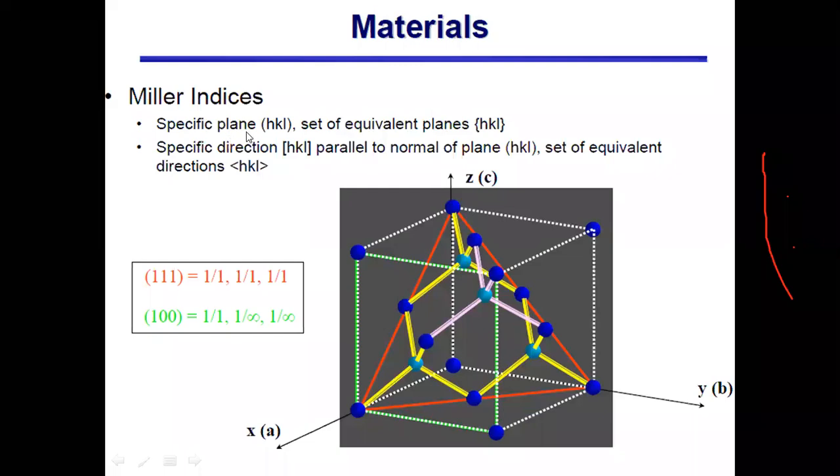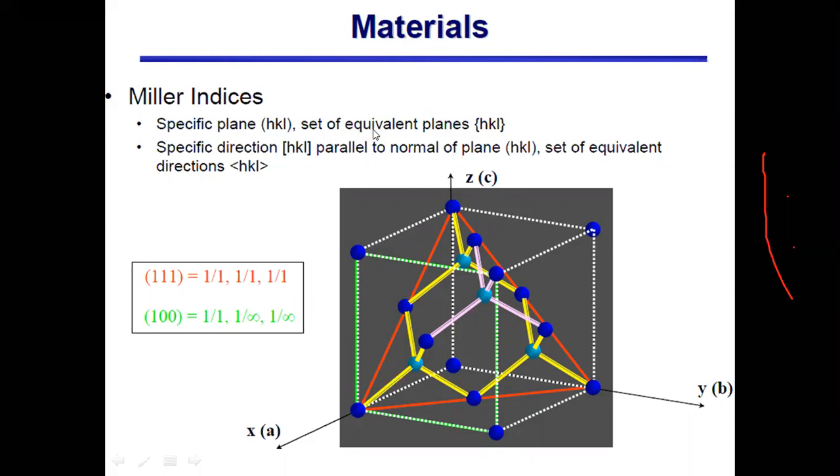A specific plane is denoted using parentheses, and these are the Miller indices (hkl).